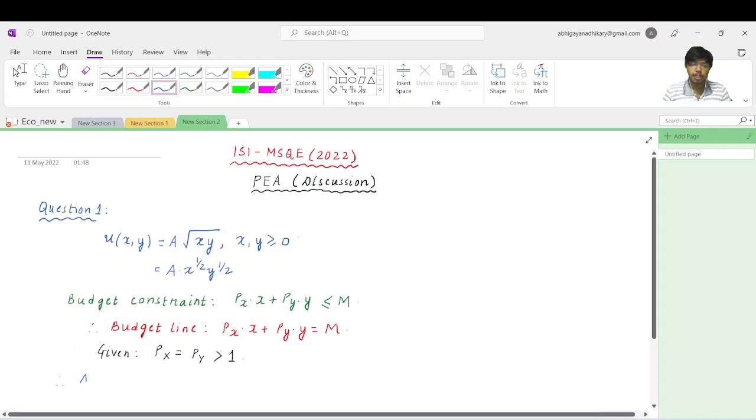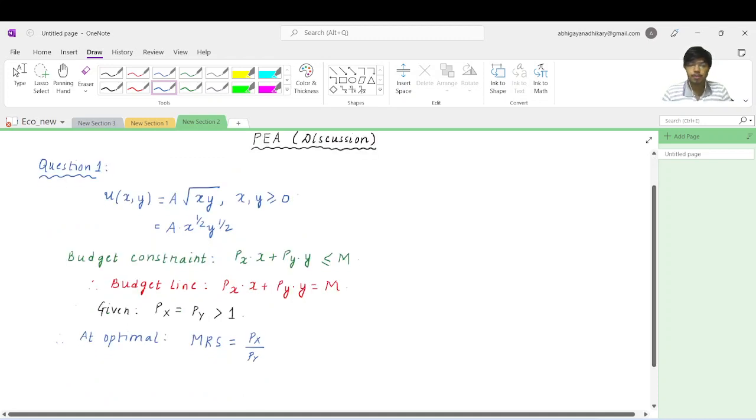So first of all, let's find that out. So how do we do that? At optimal, we know that in a two commodity framework, marginal rate of substitution should be equals to the price ratio, which is the slope of the budget line precisely. So what is the MRS over here? It is marginal utility of x, which is del u del x, divided by del u del y.